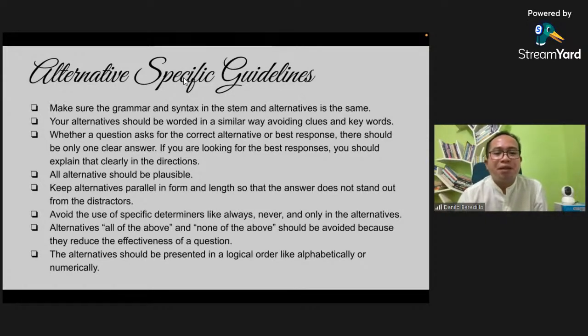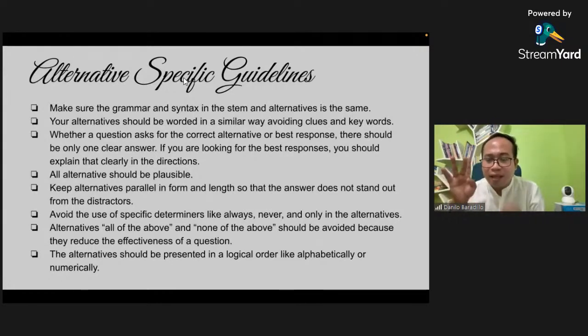Avoid the use of specific determiners like always, never, and only in the alternatives. And the alternatives "all of the above" and "none of the above" should be avoided because they reduce the effectiveness of the question. If you may have seen other test items that included these alternatives like all of the above and none of the above, it should not be the right answer.